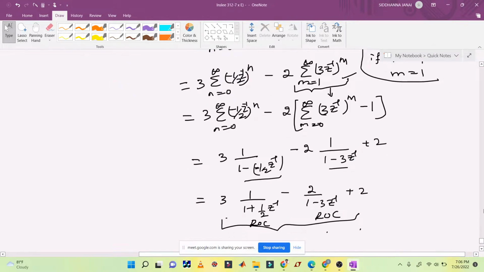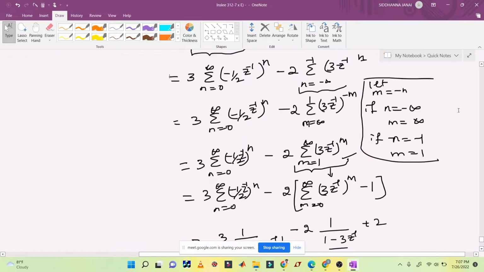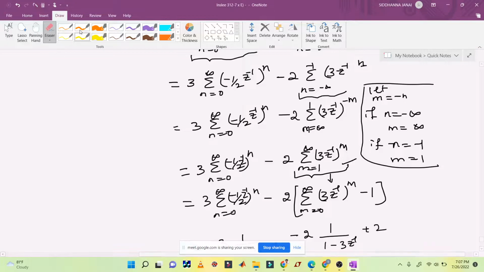Okay. This problem here, give me a second. Okay. Here it is minus m, and in this step I have chosen it as plus m. That was the mistake which I made and it propagated.